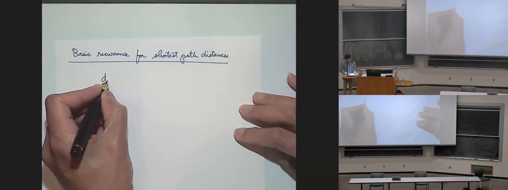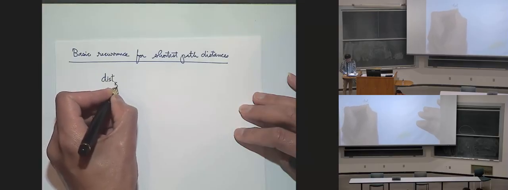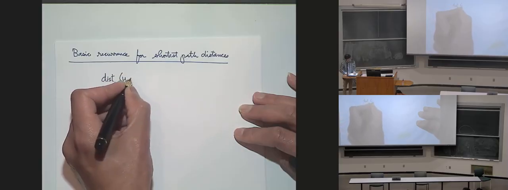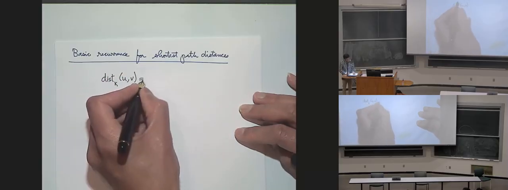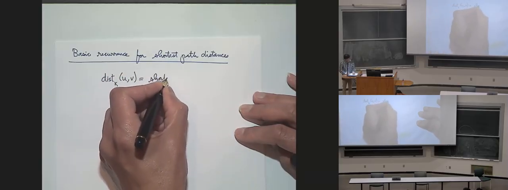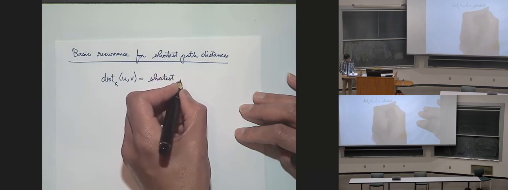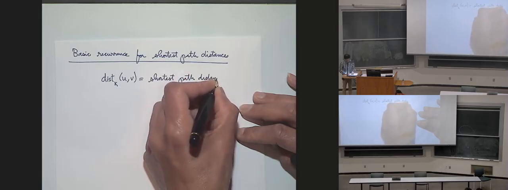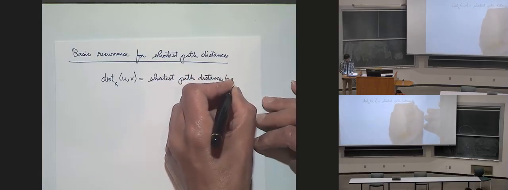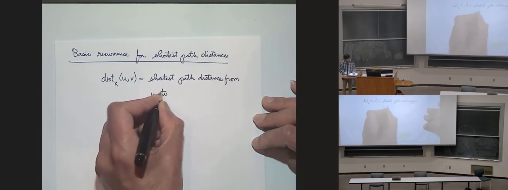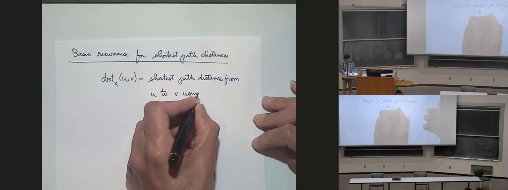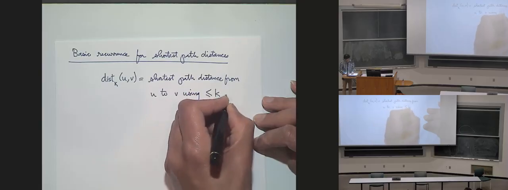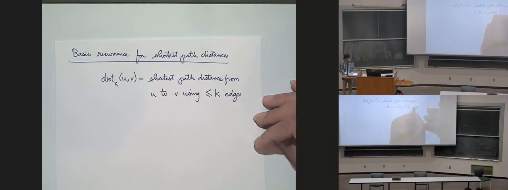So I'm going to say dist underscore k of uv. This is my function. This is the shortest path distance from u to v using at most k edges.